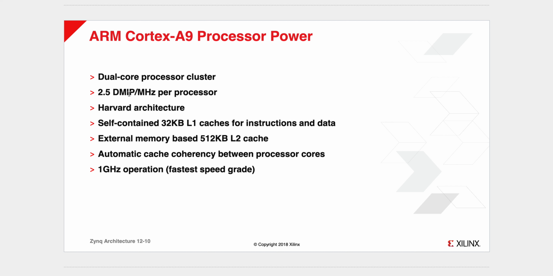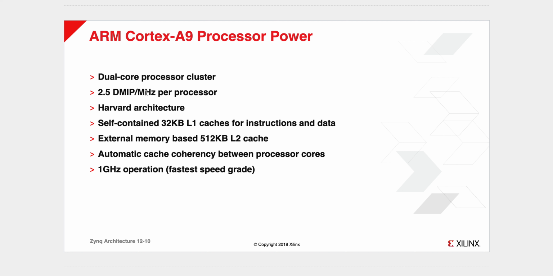So the ARM Cortex-A9 is 2.5 Dhrystone million instructions per second per megahertz per processor. So each processor is 2.5 Dhrystone million instructions per second, which is super fast or super efficient.